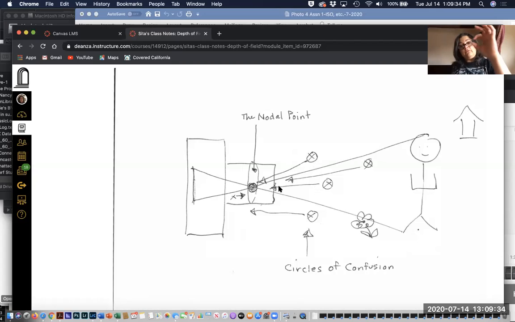These points focus at different points, and so they appear out of focus. But as we stop down the aperture, as we make it smaller and smaller, the light entering the camera is bundled. It's forced to come closer and closer, all those rays of light. And as we do that, these circles of confusion are forced to come closer and closer to the nodal point, to the point of focus.